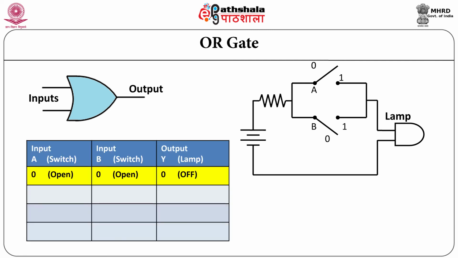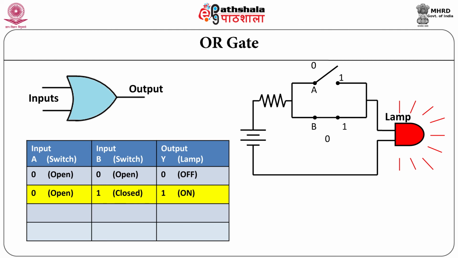When both the switches are open, that is at level 0, no current flows from battery to lamp, thus lamp is off. When one of the inputs is at logic 0 and the other one is at logic 1, then the output of OR gate is 1.